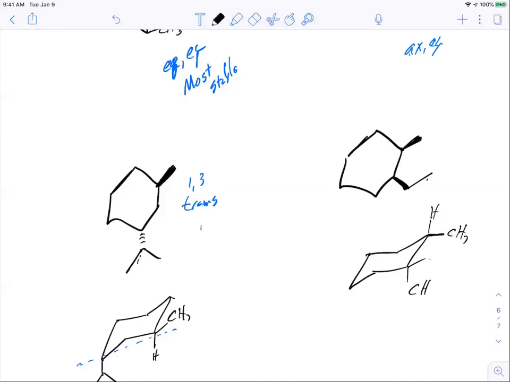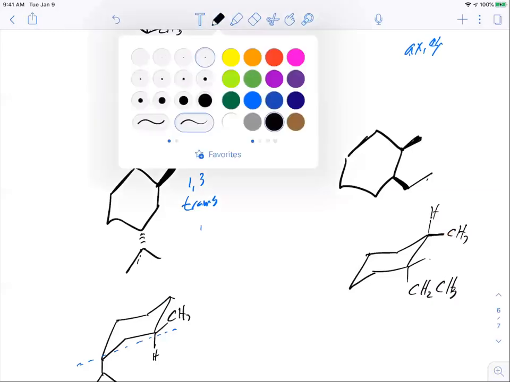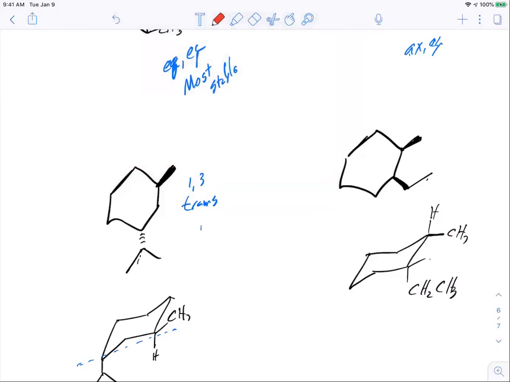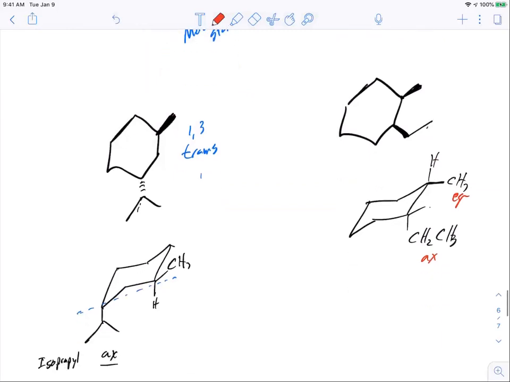So therefore, I'll draw my CH2CH3 here. But again, it's not a problem because you can just flip it. This is axial and this is equatorial. That's not the most stable conformation. So therefore, I'm going to redraw that. I'm going to flip this.